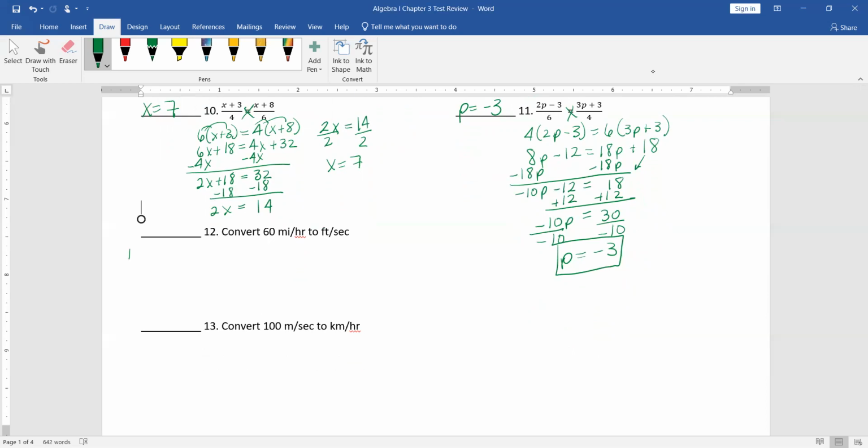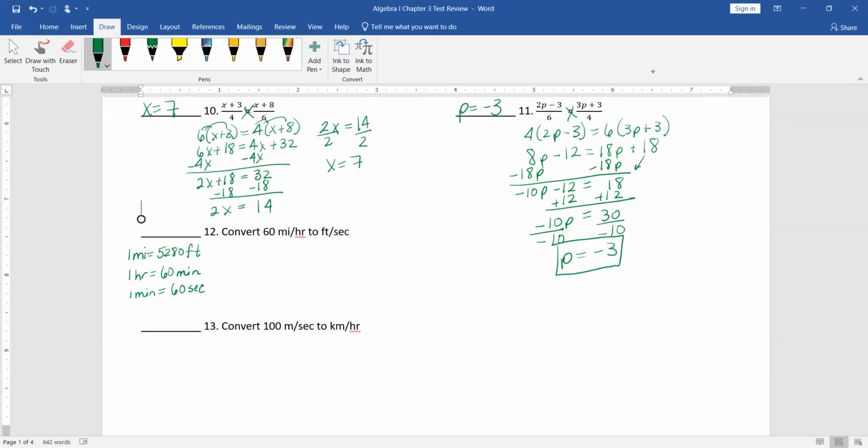You need to know that 1 mile equals 5,280 feet. And then of course we know that 1 hour equals 60 minutes. And 1 minute equals 60 seconds. All right, so this gives us conversions from miles to feet and from hours to seconds. I'll show you how to use those.